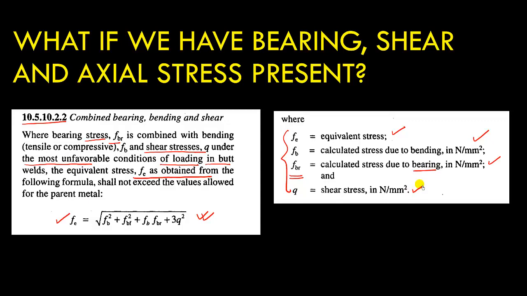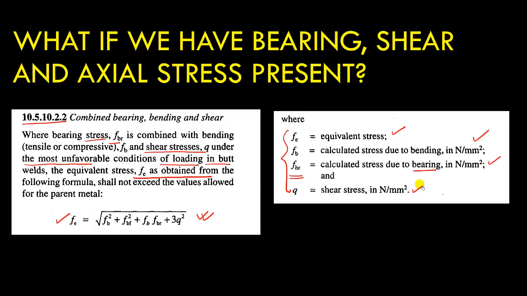So we discussed two situations. In one we have two kinds of stresses present, shear as well as compression, or shear and tension. In the other we also have bearing action, that is bearing, shear as well as axial forces.